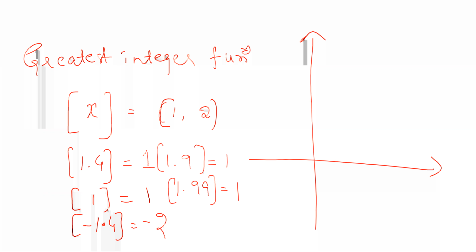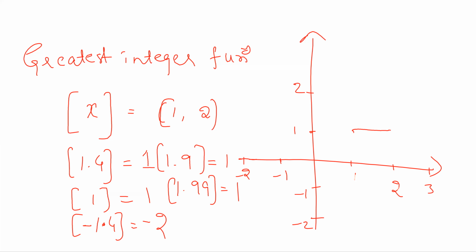Only 2 is different. So now mark 1, 2, 3, and here -1, -2 on the lower side. In the interval 1 to 2, it will take the value 1, so 1 to 2, this is the image.